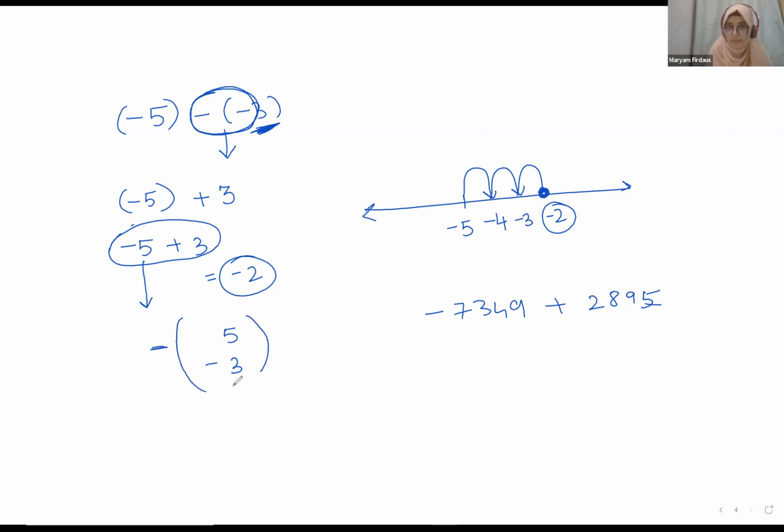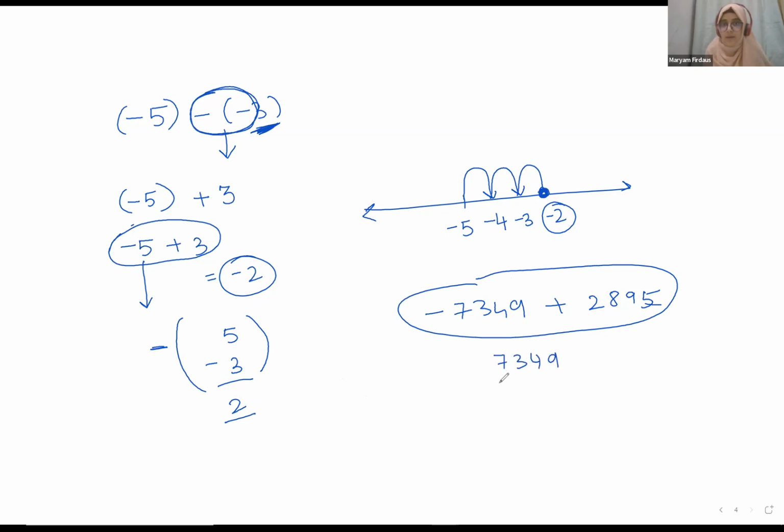So what is 5 minus 3? 2. So since this was negative 5 plus 3, we have to reverse the sign of this. So basically, you will say 7349 minus 2895, but the answer will have a negative sign in front of it. Why? Because the bigger number over here has a negative sign.